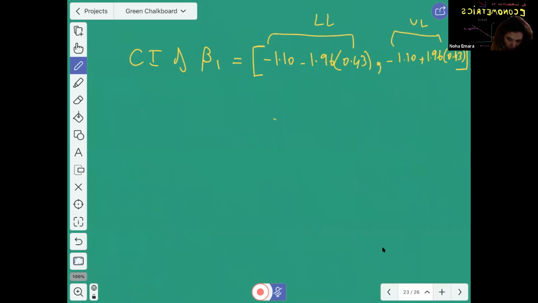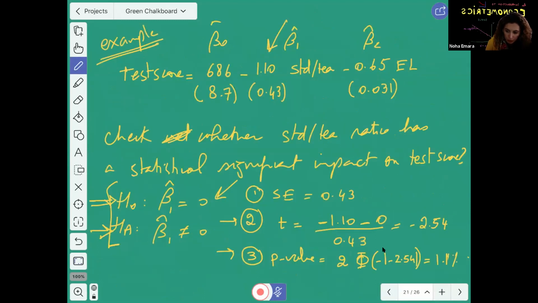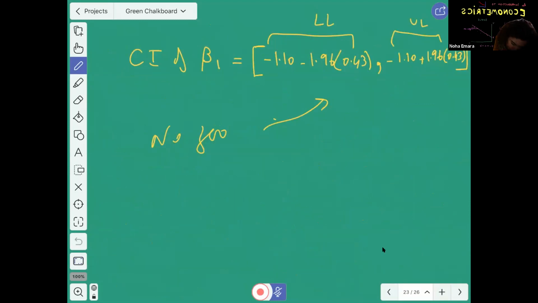And if you compute this, you will find that there is no 0 in this interval. And if there is no 0 in this interval, I'm going back to the same conclusion because I'm actually checking whether there is a 0. If there is no 0, then I'm again rejecting the null. I didn't actually compute the numbers, but you will find that it's a positive interval. And when you find no 0, again, reject the null.